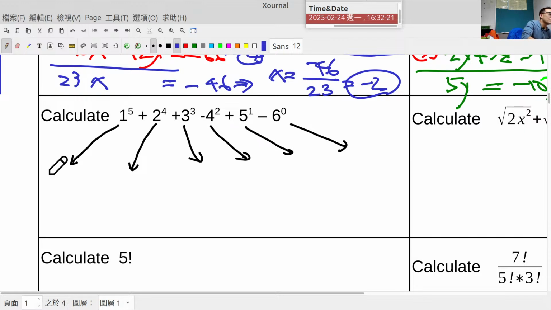One to the 5th. 1 times 1 times 1 times 1, that's always 1. Okay. 2 to the power of 4. 2 times 2 times 2 times 2, that is 16.